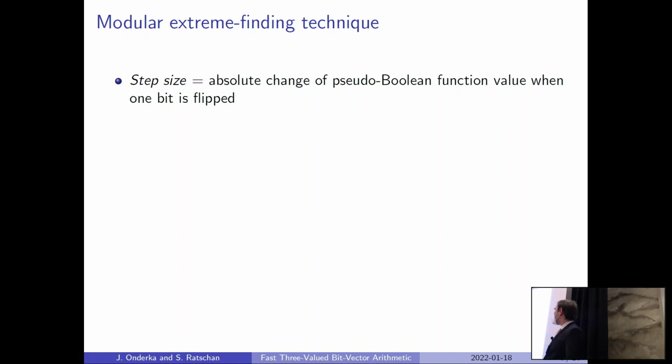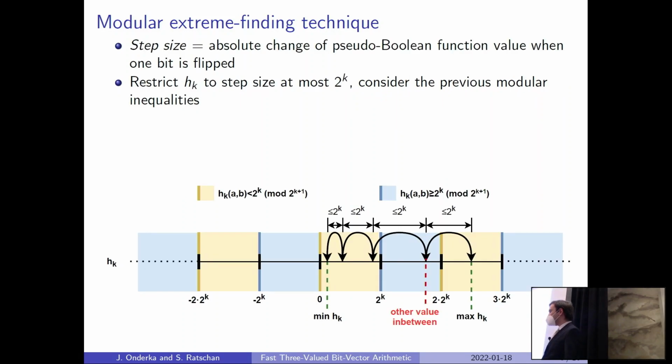So what can we do with this? We can now formulate a modular extreme finding technique. I will first define a step size as the absolute change of the pseudo-Boolean function value when just one bit is flipped. What we can do with this? If we restrict h_k to a step size of at most 2^k, and then consider the previous modular inequalities, we can look at it like this.